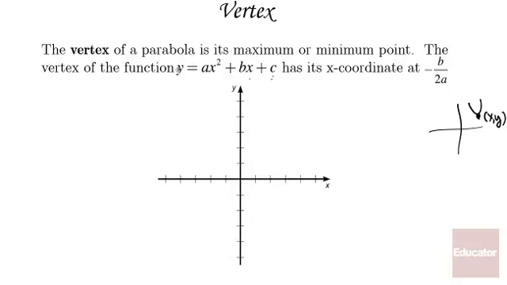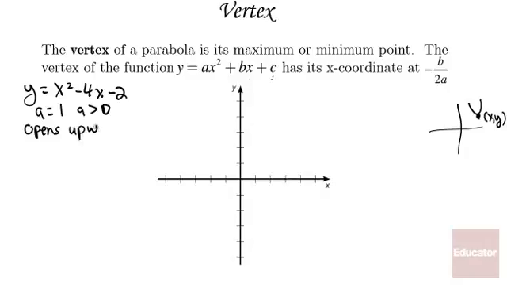For example, looking at a quadratic function, y equals x squared minus 4x minus 2. I'm always going to want to have in my mind what this curve is going to look like generally. So I see that a equals 1, therefore a is greater than 0. So this opens upward.